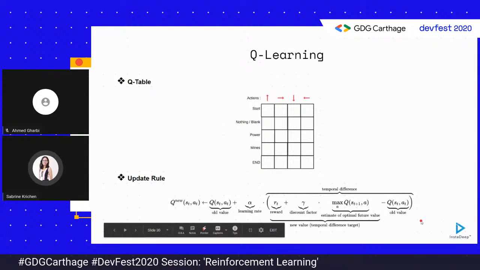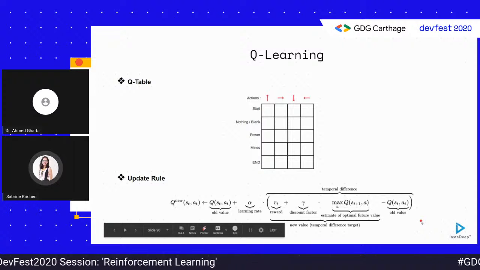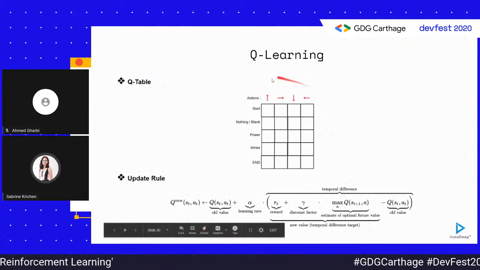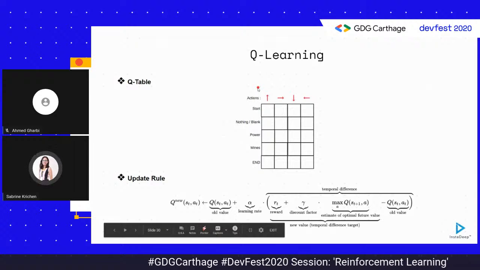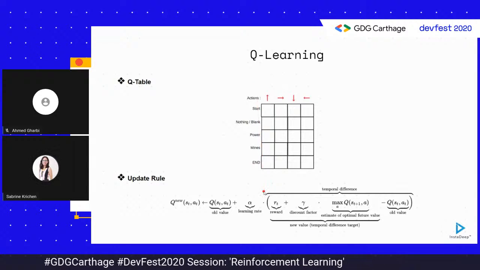So we're going to update the values of this Q-table at each new state using this equation.